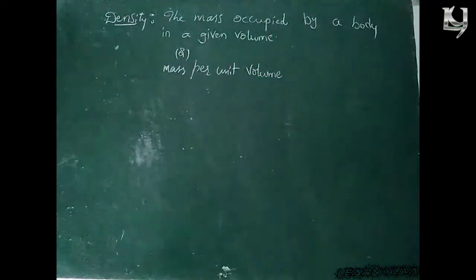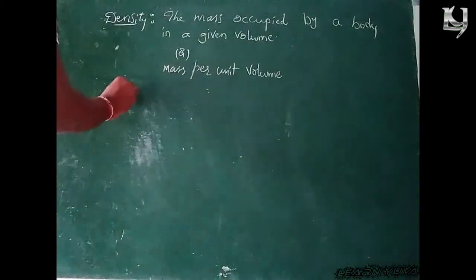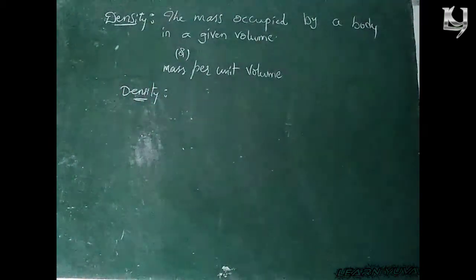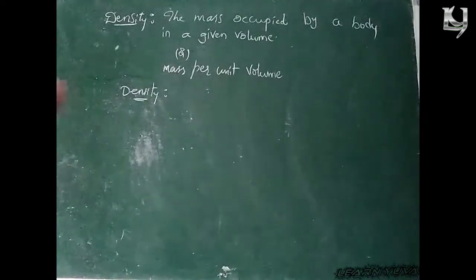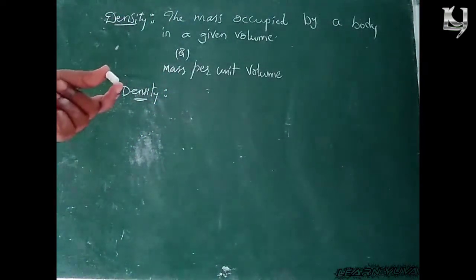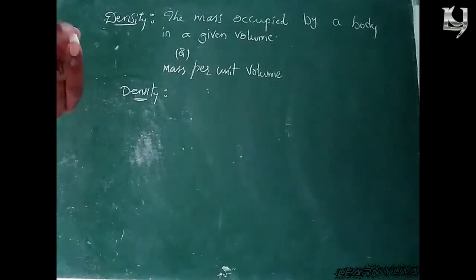Okay, what is mass? What is volume? Mass is nothing but the amount of particles present in your body. Suppose it is a piece of chalk, it occupies some mass. How can you say that it occupies some mass? Because it is made up of particles, right?